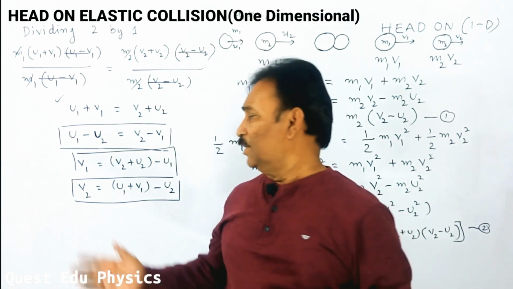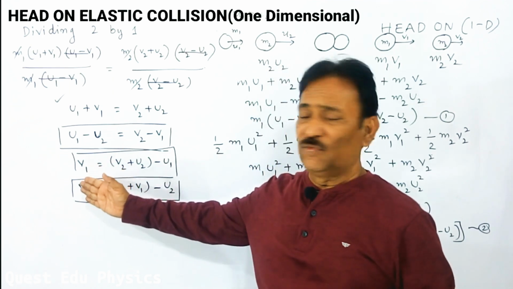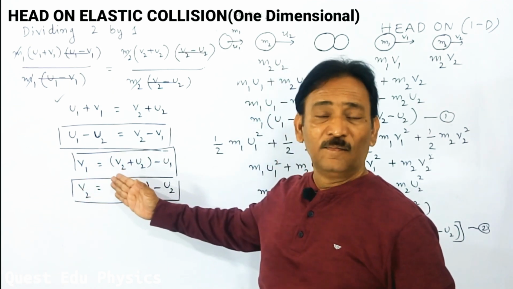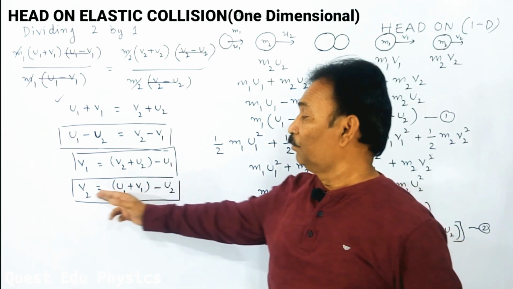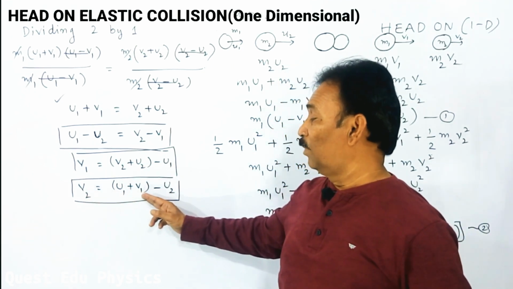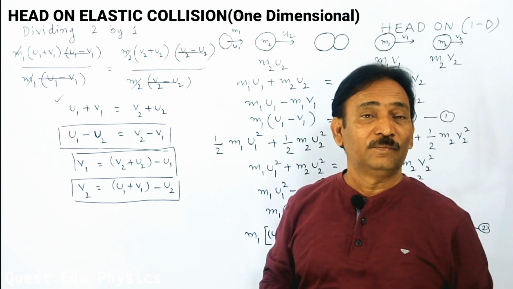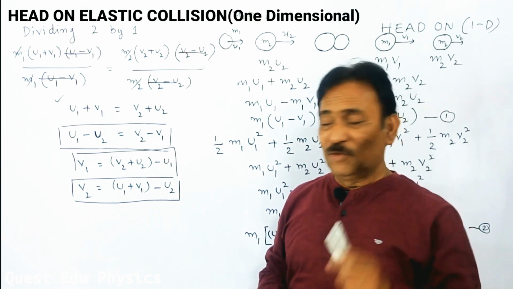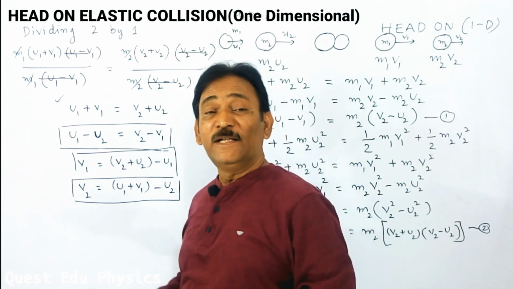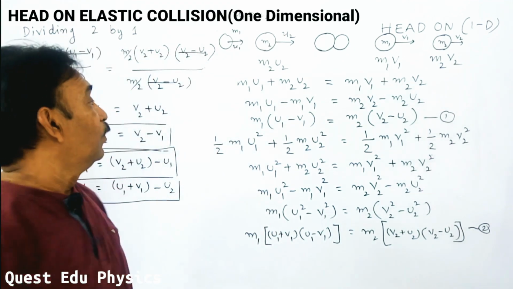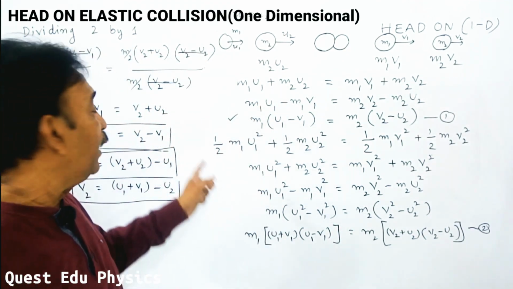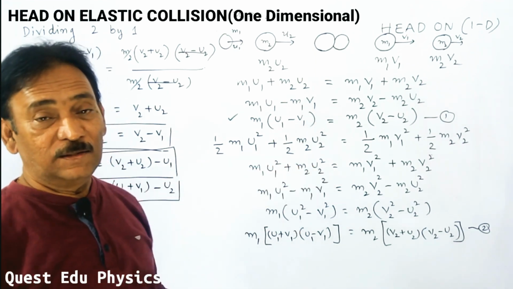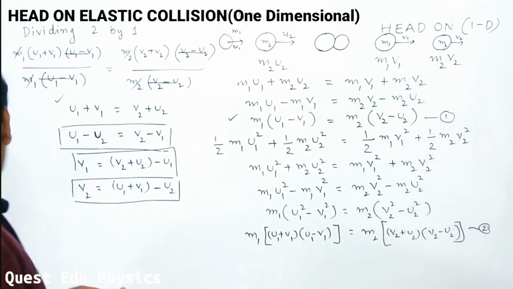By using those relations, we got the equations for final velocities: v1 is equal to v2 plus u2 minus u1, v2 is equal to u1 plus v1 minus u2. Then we apply these values in the first relation to find out the velocity in terms of masses. Let's do it.